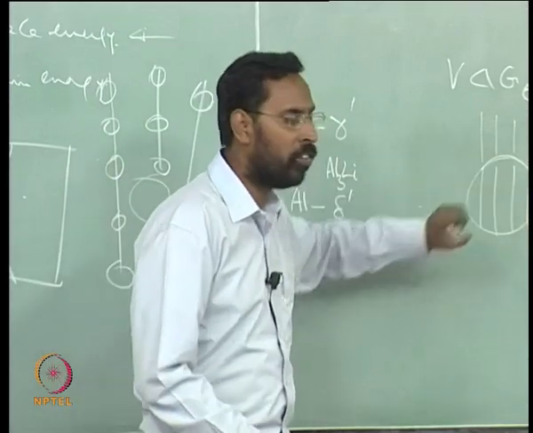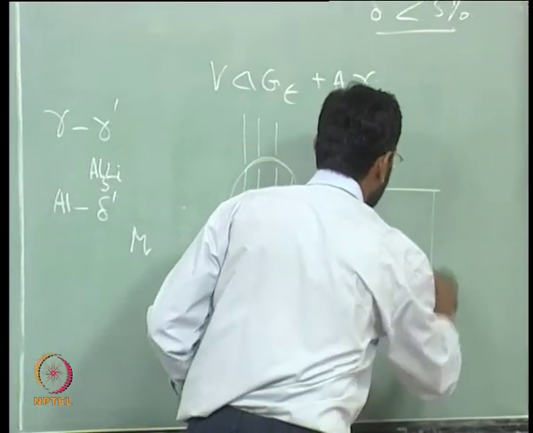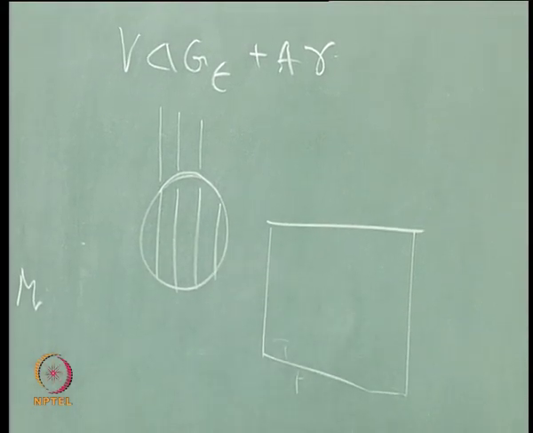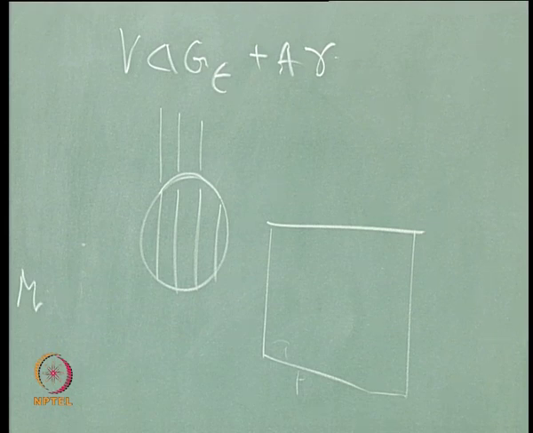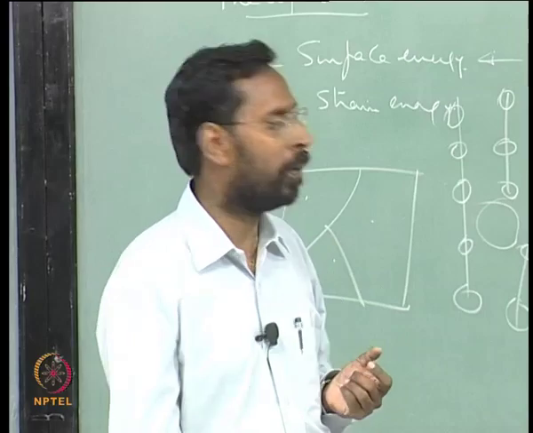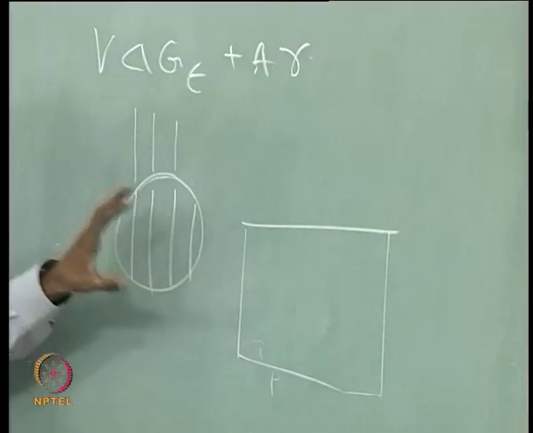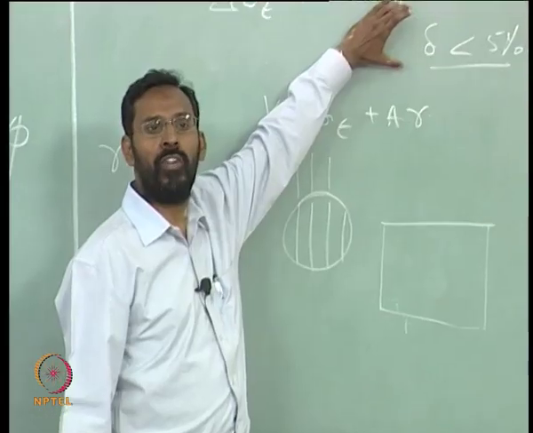So it slowly changes into shapes which are like this. That is why for gamma prime you see cuboids. When they grow, they become cuboids. At the nucleation stage, they are all spheres. If you look at them at the initial stages of precipitation, they are all spheres, and then they become cuboids. This is all in the cases where the misfit is small.